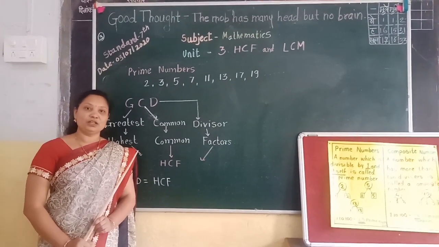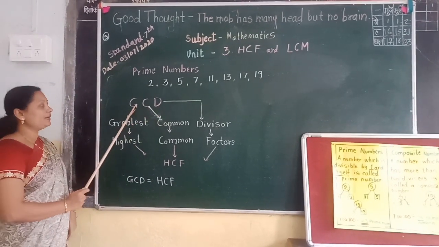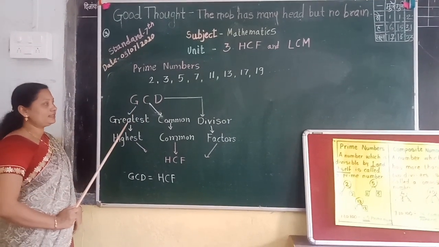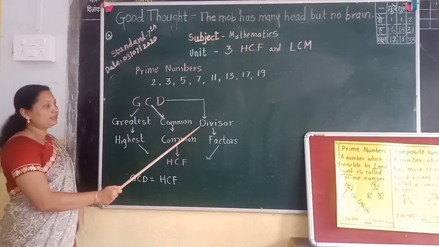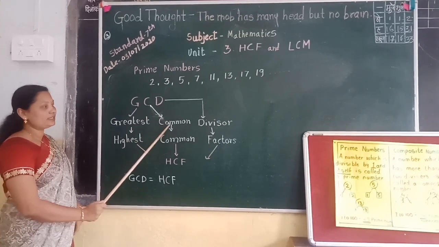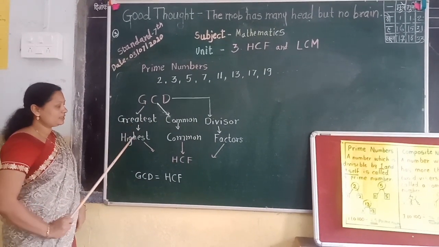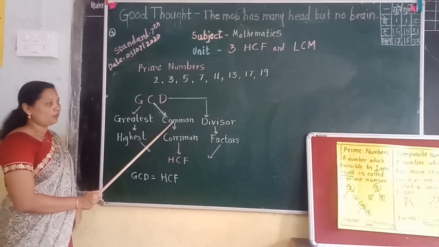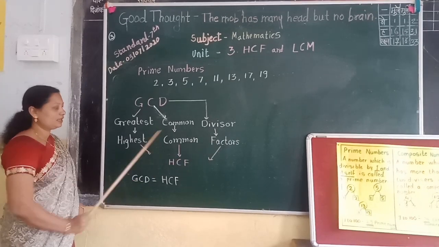Today we are going to learn about GCD. GCD means G means greatest, C means common and D means divisor. Greatest common divisor. That means greatest means highest, common means common and divisor means factors.